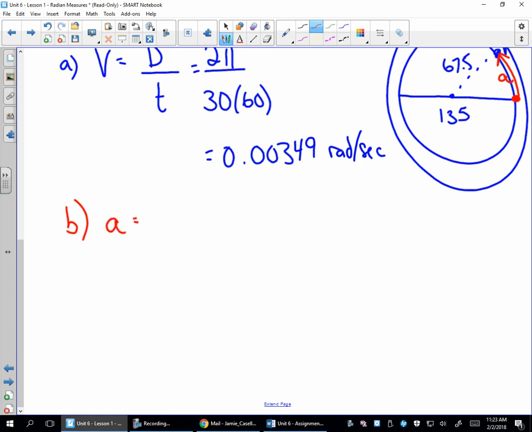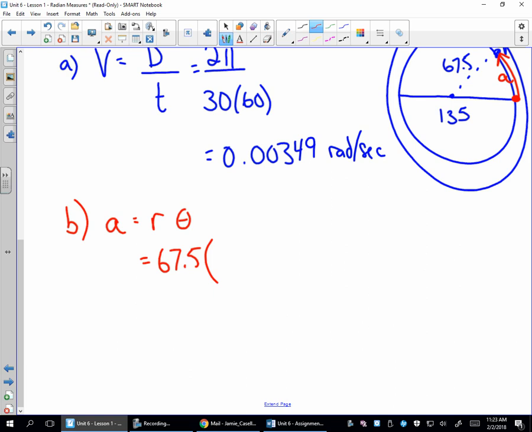We have a formula for arc length, right? Radius times the central angle. We figured out the radius earlier was 67.5. Our central angle is how much of the circle it's traveled in that 10 minutes.